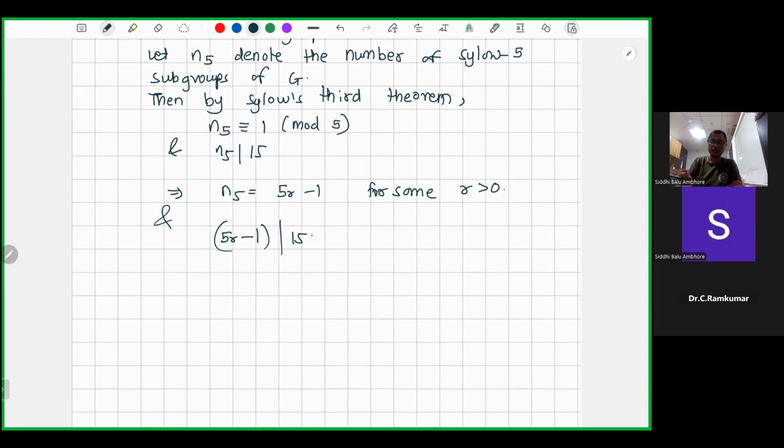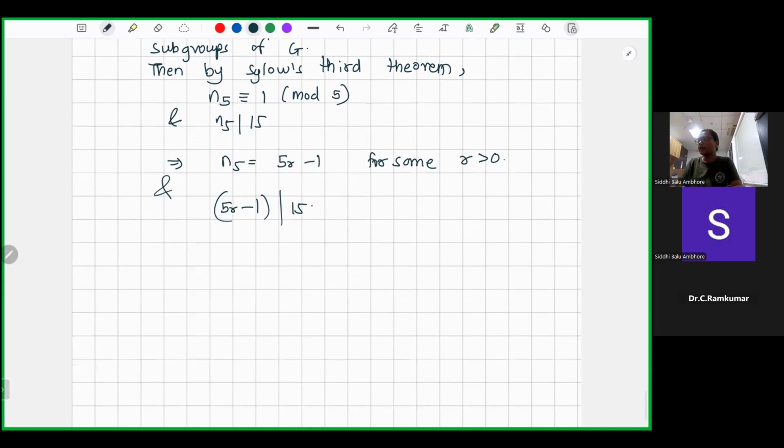This is just the application of Sylow's third theorem. Whether we choose plus or minus won't matter; this is just convention.